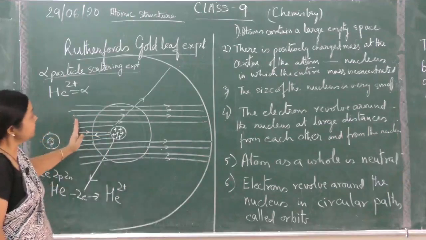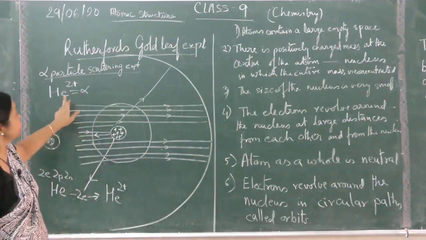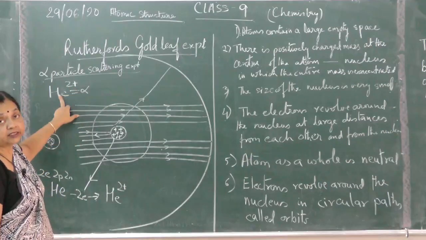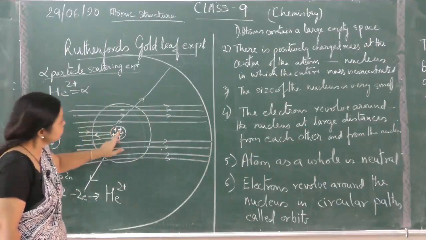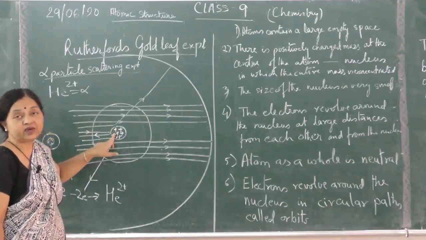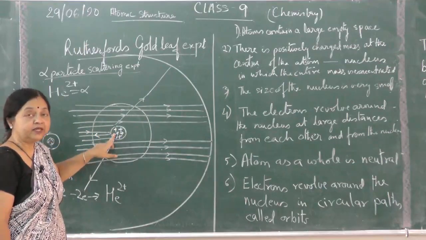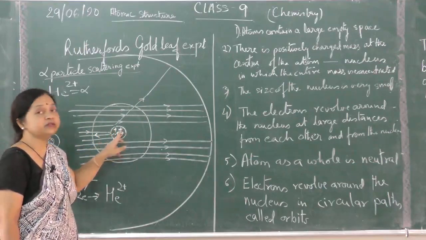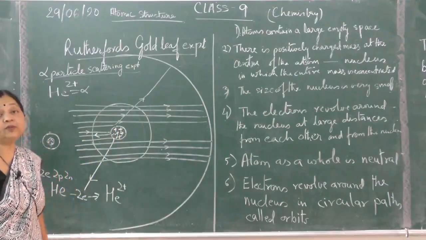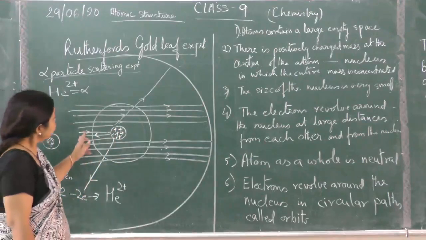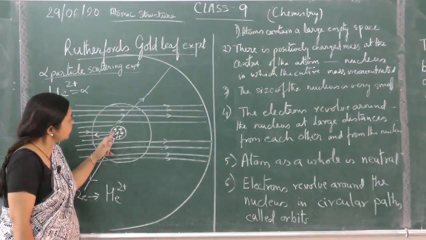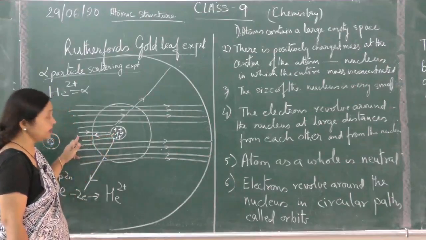Now the experimental material is what? Doubly charged, double positive helium, that is alpha. So if it is being repelled from the center, that means this part is also positively charged, because like charges repel each other. So helium particles hit this target and came back.